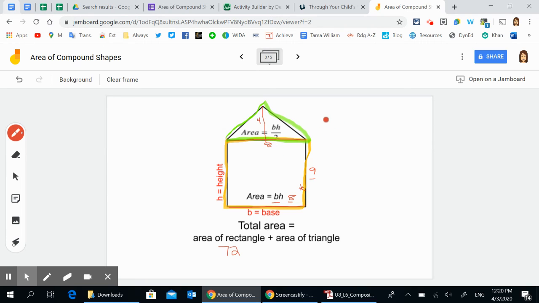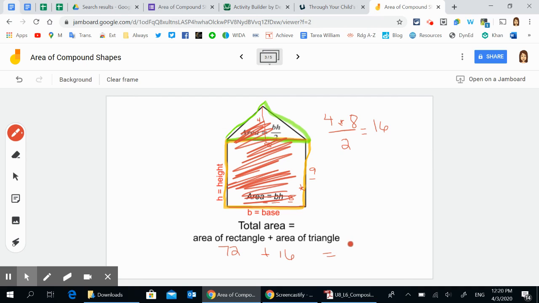So the area of my triangle is 4 times 8 divided by 2. 4 times 8, 32, divided by 2 is 16. I'm going to add that to my rectangle on the bottom, and that tells me that the area of this whole shape is 89.